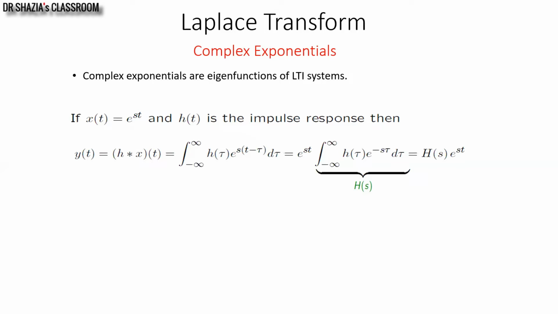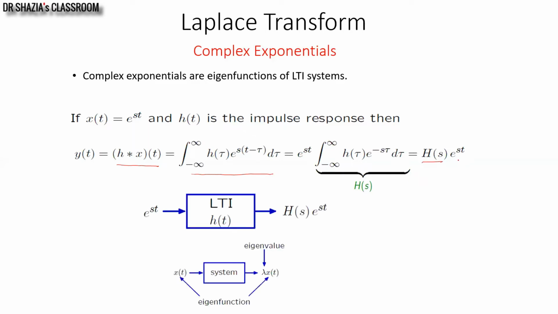As shown mathematically, we write the convolution equation, and we clearly see that it can be rewritten with e to the power st taken out of the integration sign. Whatever is left is h of s e to the power st. So the complex exponential is the eigenfunction of an LTI system.